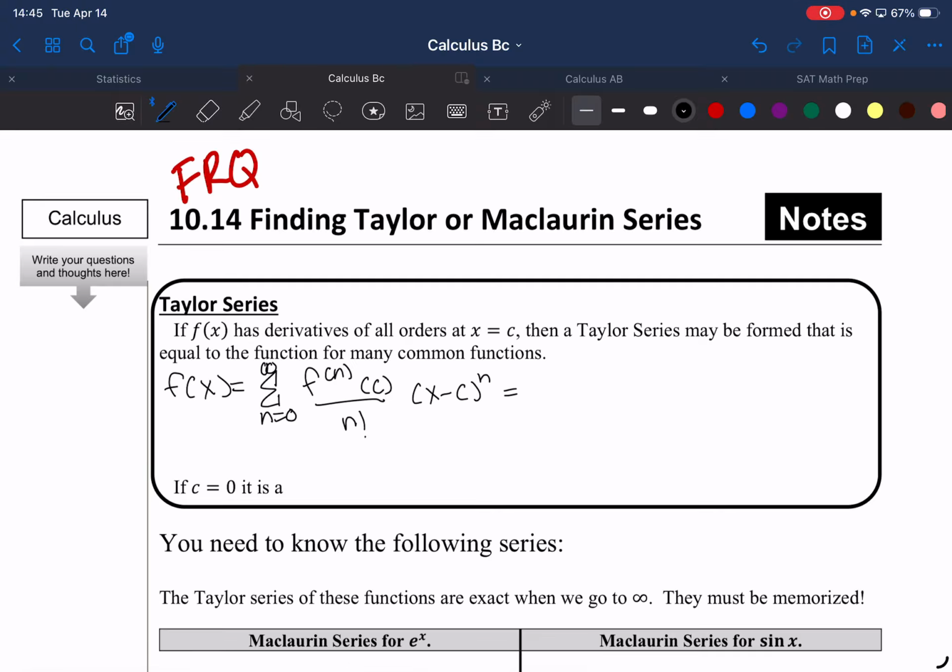Remember, this can be expanded to be f of c plus f prime of c times x minus c, and then continued on and forever. So like the second derivative, and then x minus c squared, and then over 2, and then over 3 factorial, continued on and on forever. Okay. If c is equal to 0, that is called a Maclaurin series.